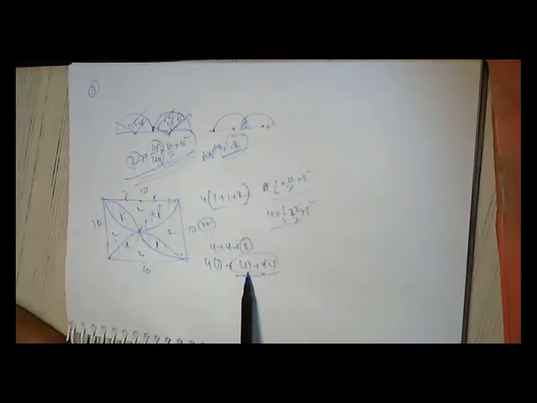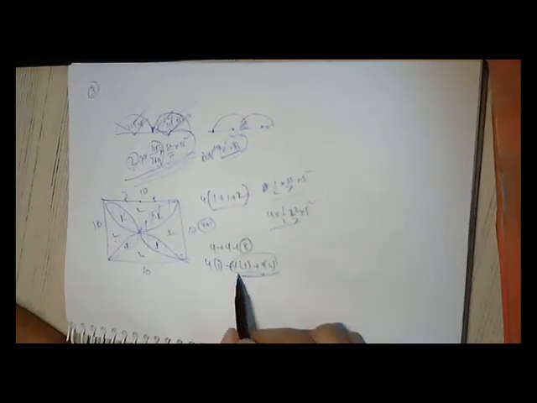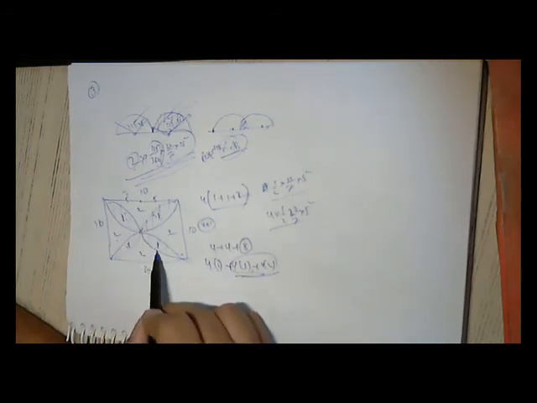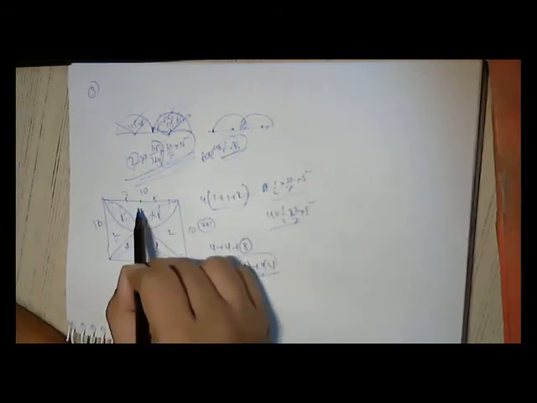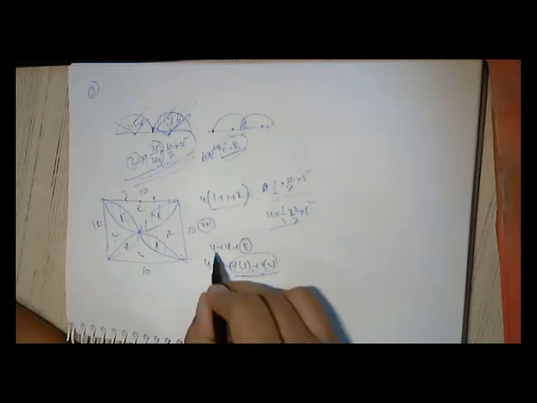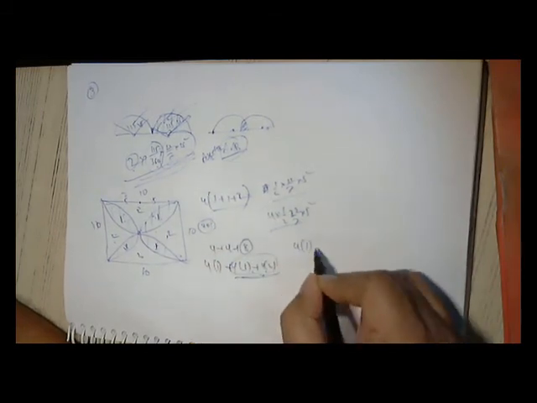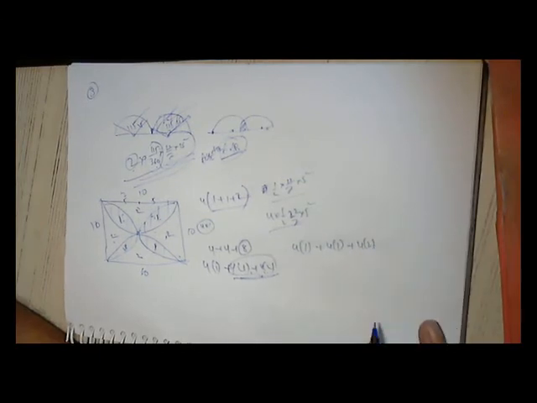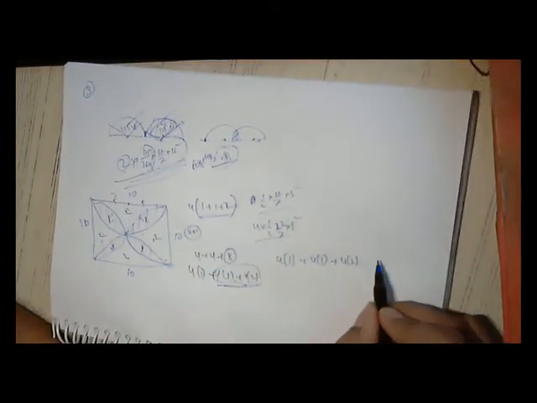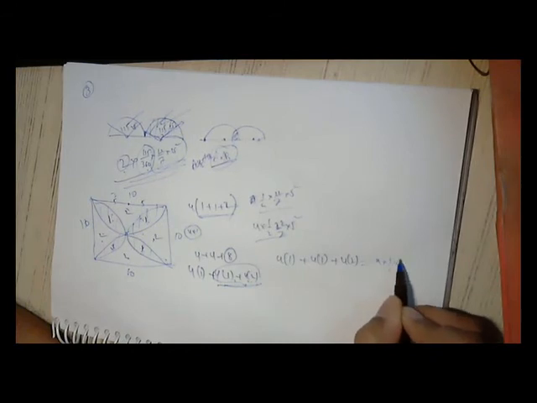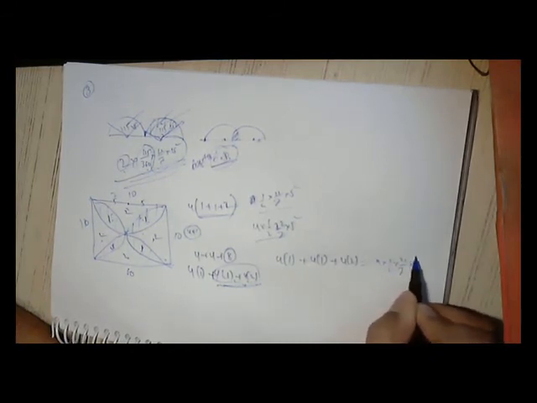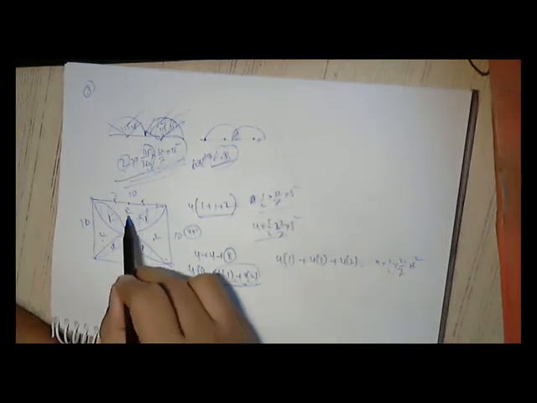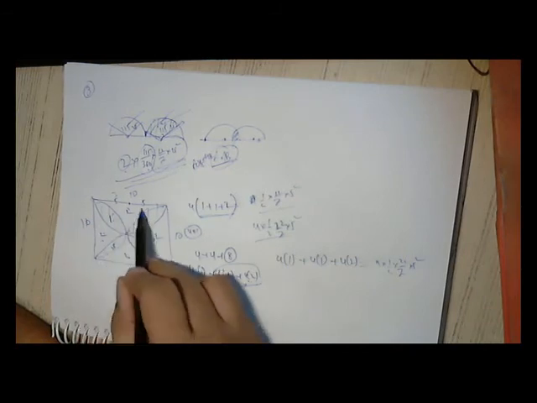So now 4 into 1 plus 4 into 1 plus 4 into 2 is equal to 4 into 1 by 2 into 22 by 7 into 5 square. Suppose, what is this total area?